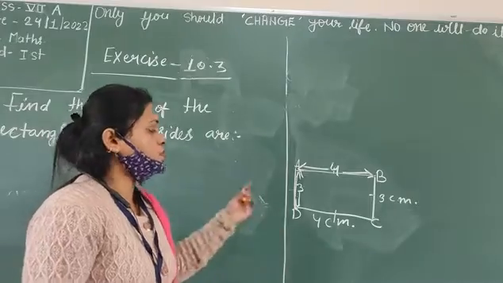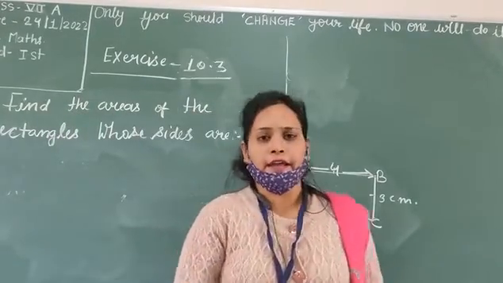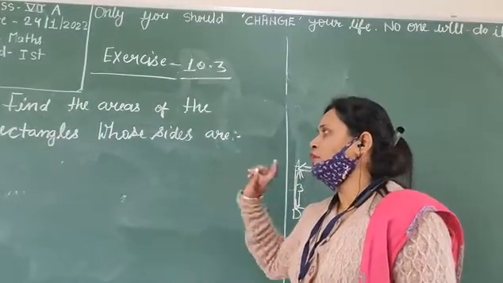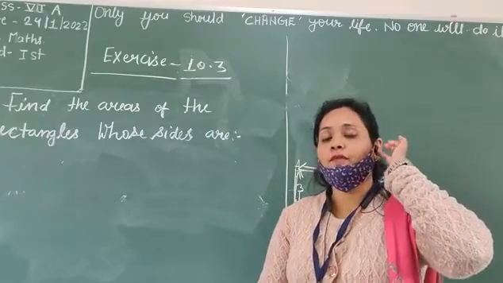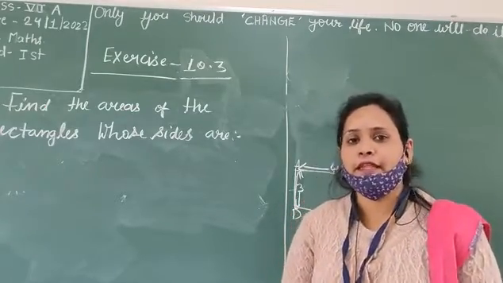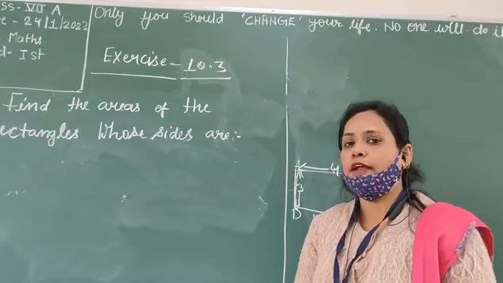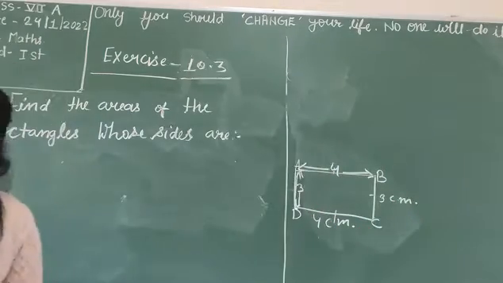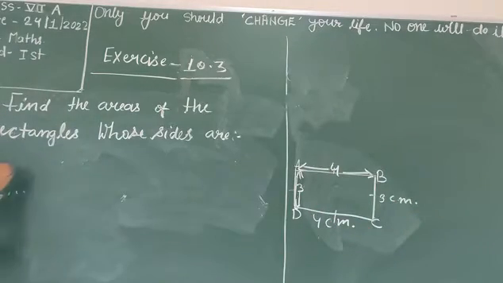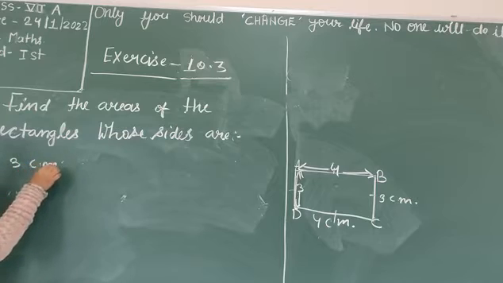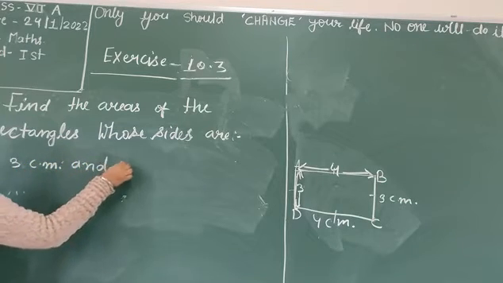In this question we have to find the area. The formula is area of rectangle equals L into B. The question gives 3 cm and 4 cm.